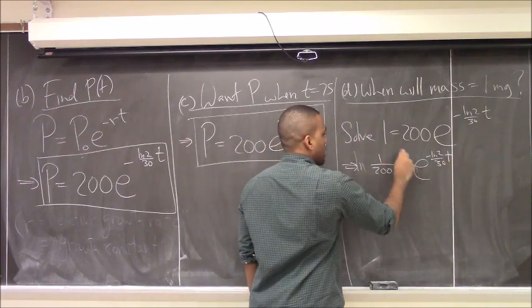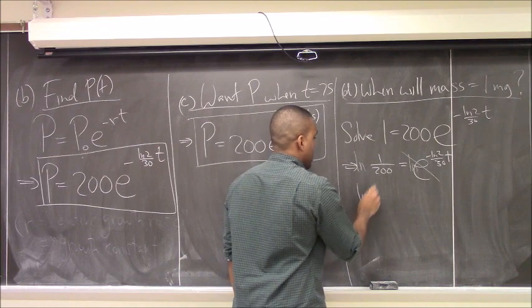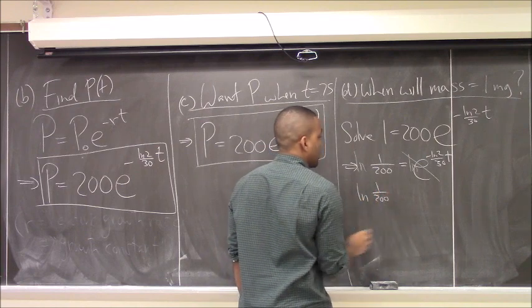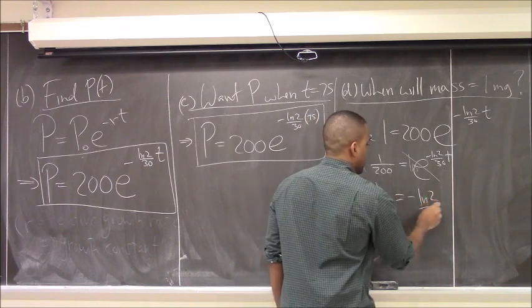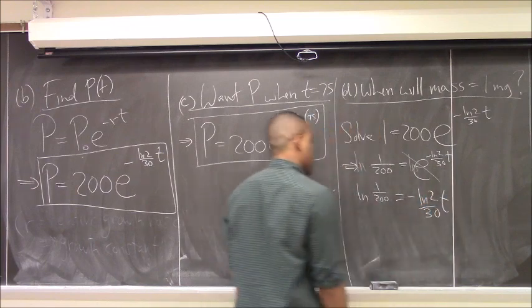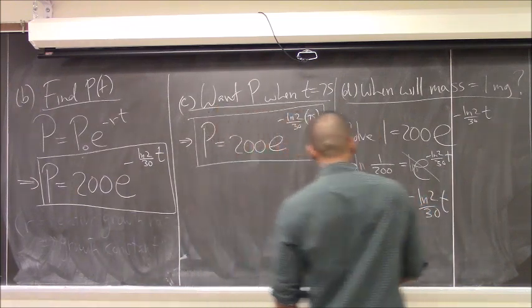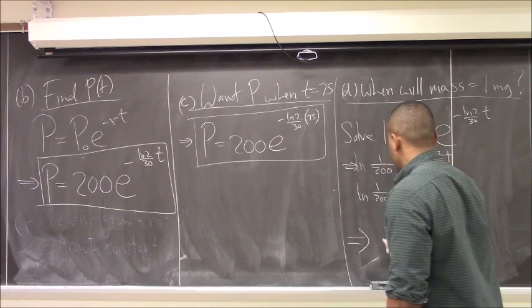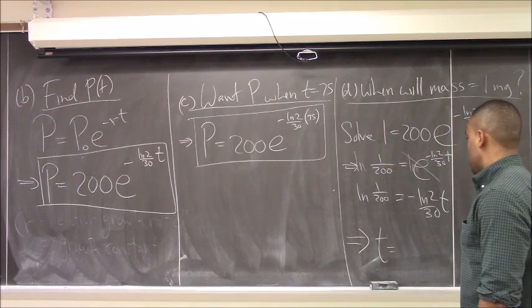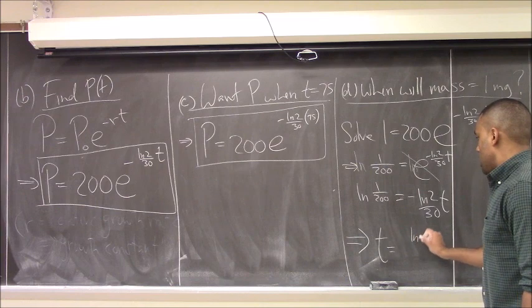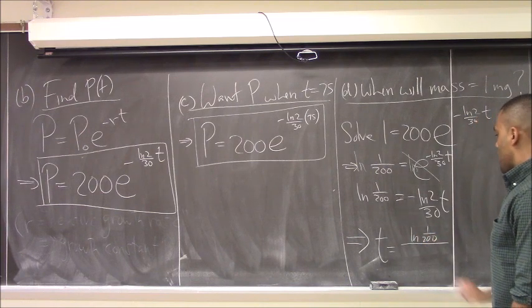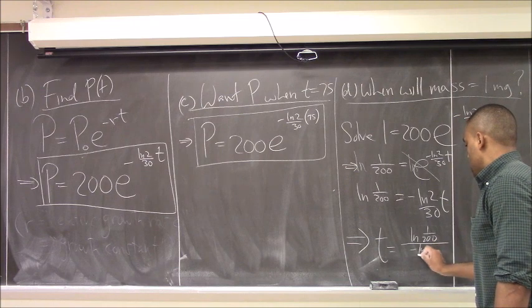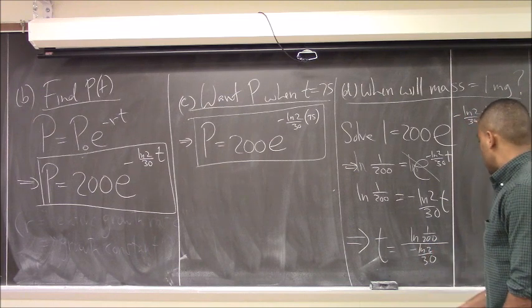Getting ln both sides. So ln of 1 over 200 is equal to minus ln2 over 30t, which means my t is equal to ln of 1 over 200 over minus ln2 over 30.